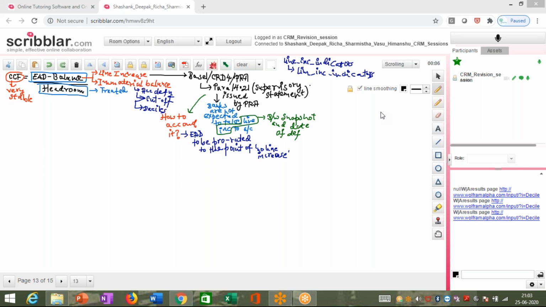Fine. So now, one of the most important questions. While we talk about the EAD data, the exposure at default data design, the entire design is structured such that no volatility is created in the overall data structure.